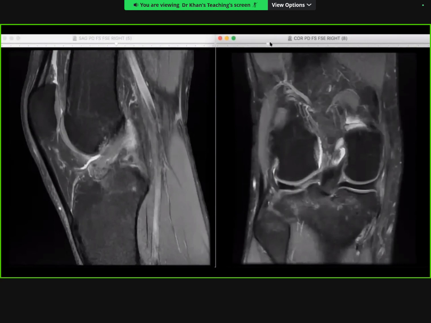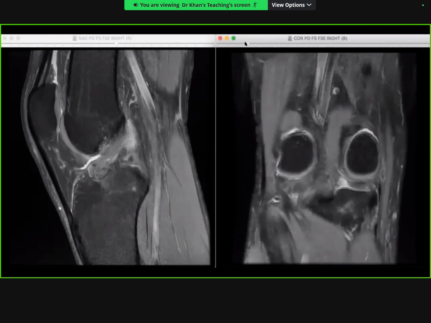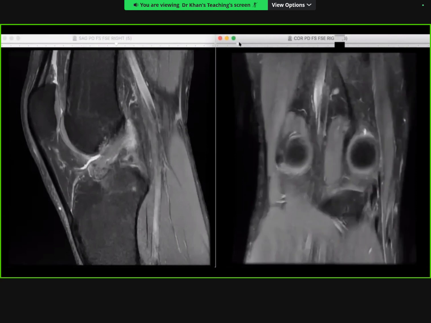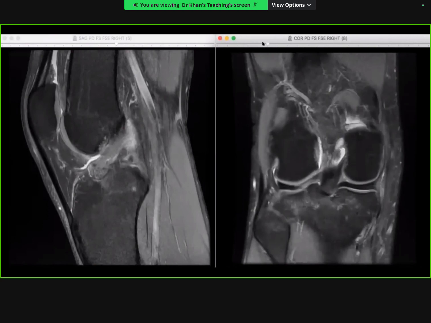The menisci appear intact. I'm just looking for any obvious osteochondral defects, which I don't see.